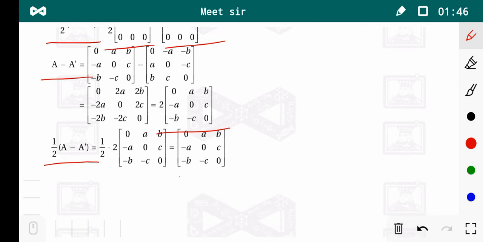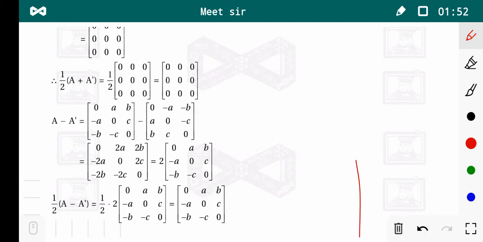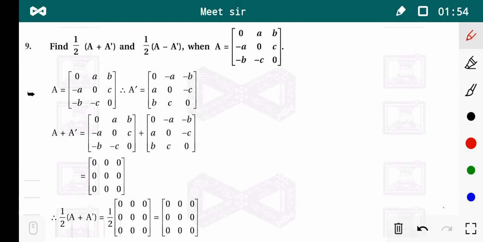Then we get the required matrix which we wanted to find. So friends, this is example number 9. And we know that A plus A dash is a symmetric matrix and A minus A dash is a skew symmetric matrix.